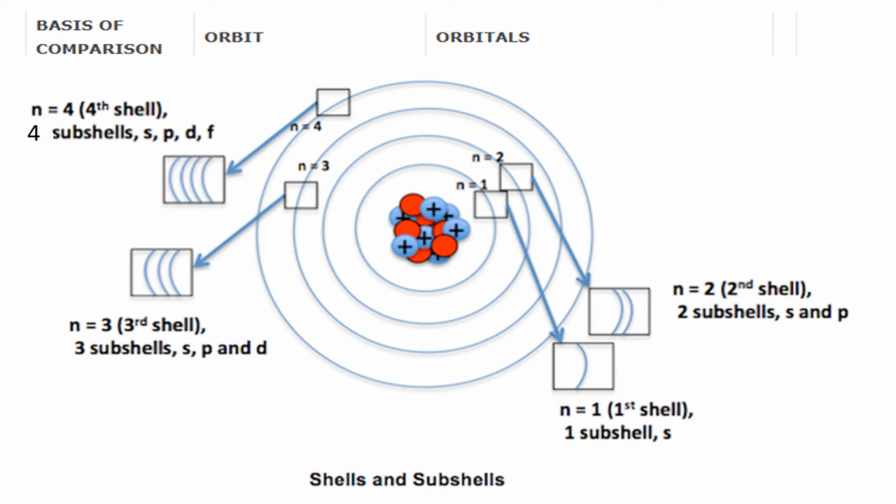That is, in the case of principal quantum number n equal to 1, the maximum number of electrons that can be accommodated is 2. In the case of principal quantum number 2, the total number of electrons that can be accommodated is 8. In the case of principal quantum number 3, the total number of electrons that can be accommodated is 18.